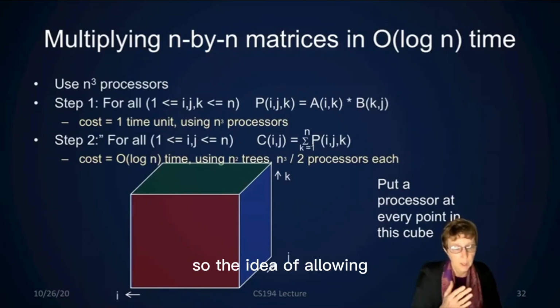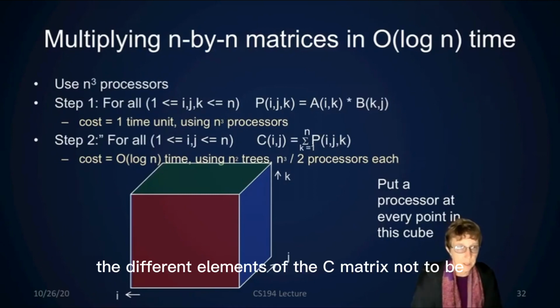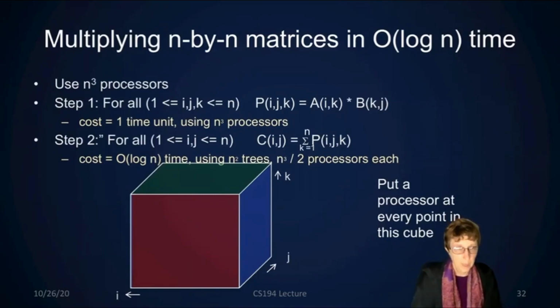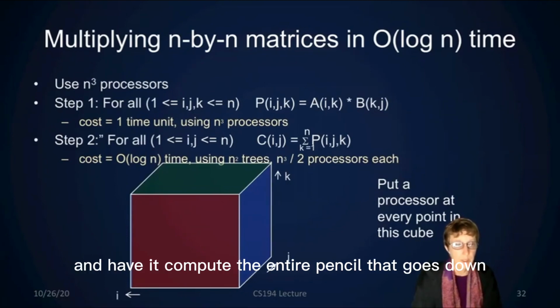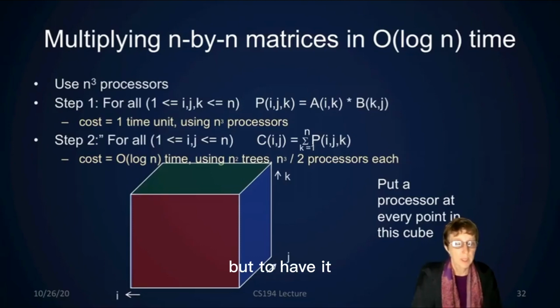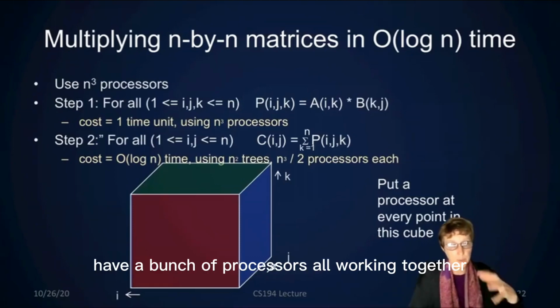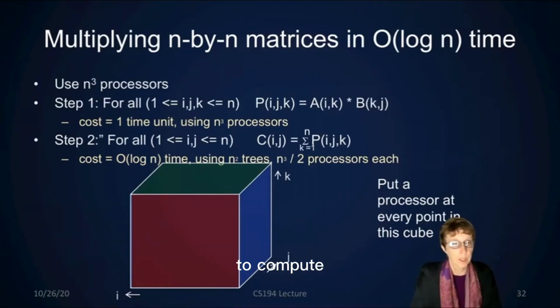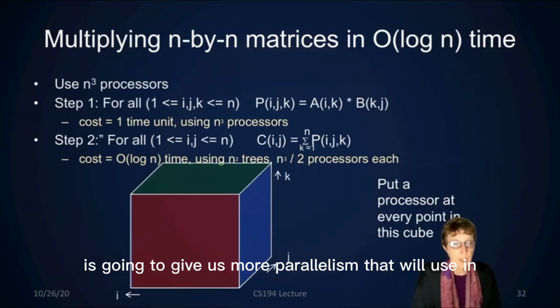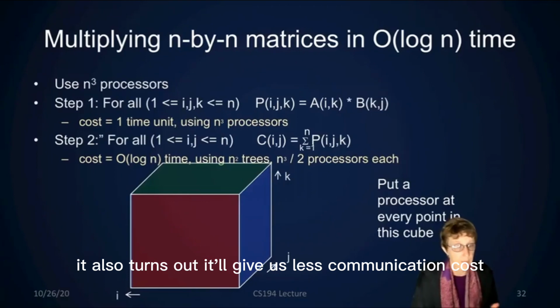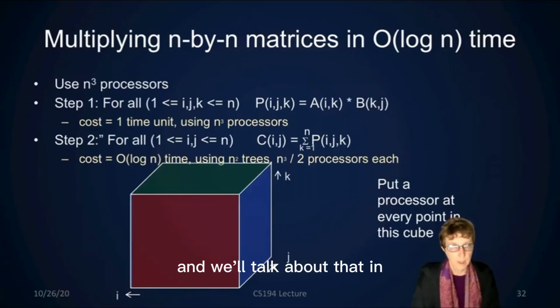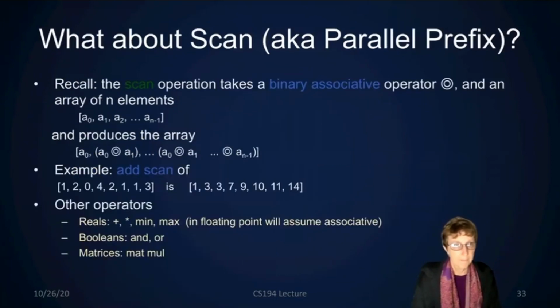So the idea of allowing the different elements of the C matrix not to just put one processor, for example, on every element of the C matrix and have it compute the entire pencil that goes down, but to have a bunch of processors all working together to compute each value of C is going to give us more parallelism that we'll use in other algorithms. It also turns out it'll give us less communication cost, but we'll talk about that in a couple weeks.